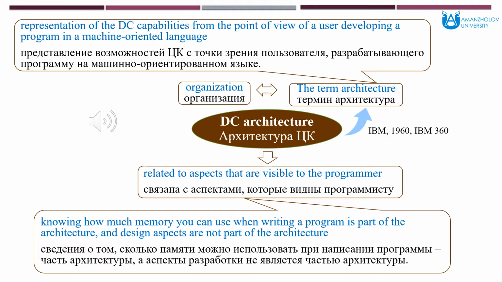Organization: DC architecture is related to aspects that are visible to the programmer. Knowing how much memory you can use when writing a program is a part of the architecture, and design aspects are not part of the architecture.